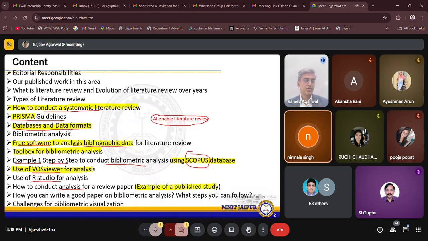Not at all. First thing, Nirmala, you are the scholar, first thing is we need to understand literature review should not be done only for publishing. It is required to pursue research because you need to know how various researchers are addressing this field, not only in our country, in various continents. So literature is very essential.